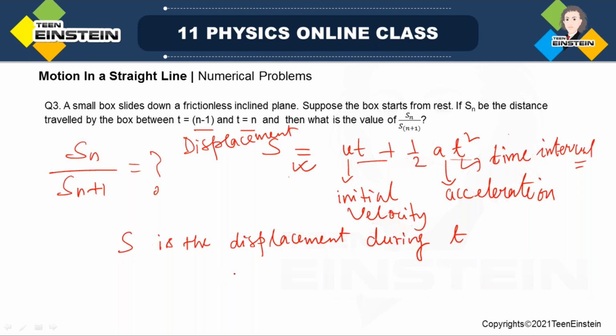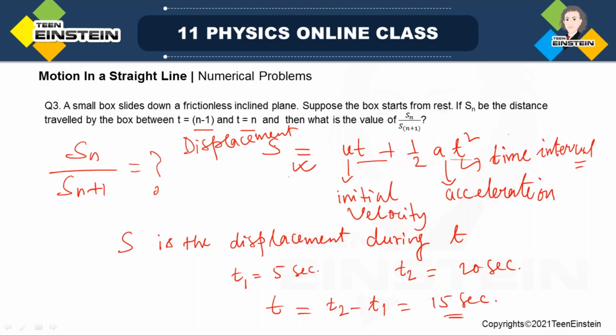That means suppose you started motion at 5 seconds, so this is t1, and you stop your motion at something like 20 seconds. So what is this time interval? This t means t2 minus t1. This whole interval will be 15 seconds, right? This is the whole time interval.